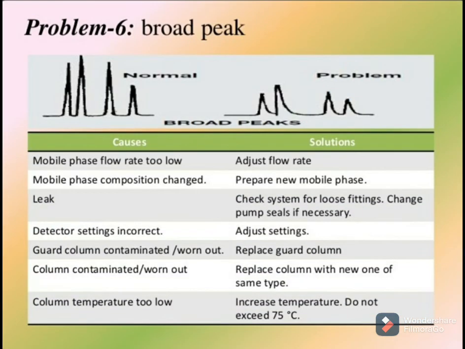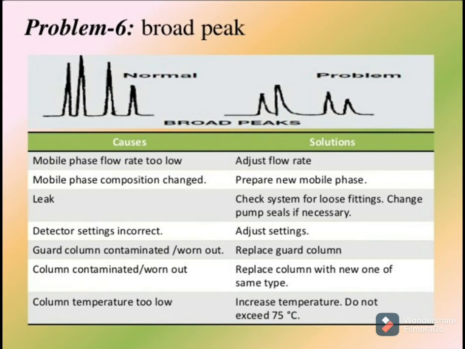Next is broad peak. If you are handling HPLC, these are the troubleshooting issues you can face. What is the cause of a broad peak? Mobile phase flow rate too low: then adjust the flow rate. Mobile phase composition change: then prepare new mobile phase. Leak: check the system for loose fittings, change the pump seal if necessary. Detector setting incorrect: adjust the setting.